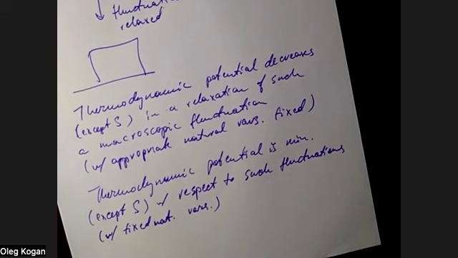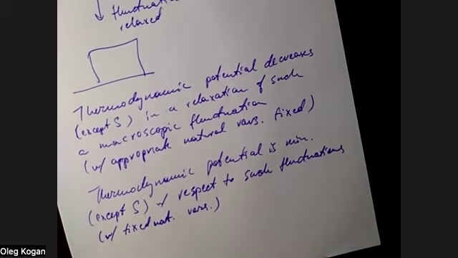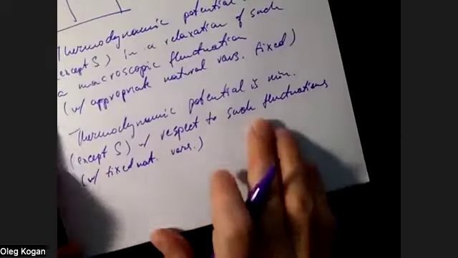The difference between that value of the thermodynamic potential and the minimal value, given the fixed natural variables, actually tells us the probability of such a fluctuation.